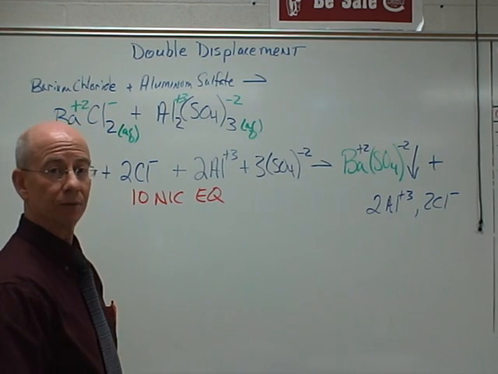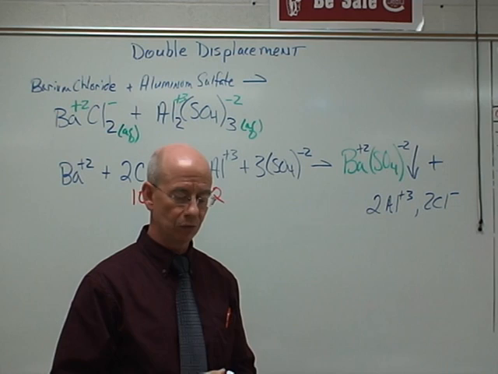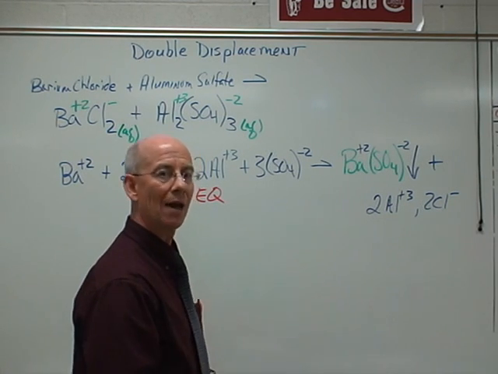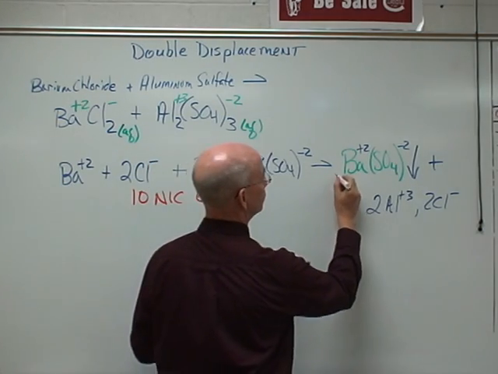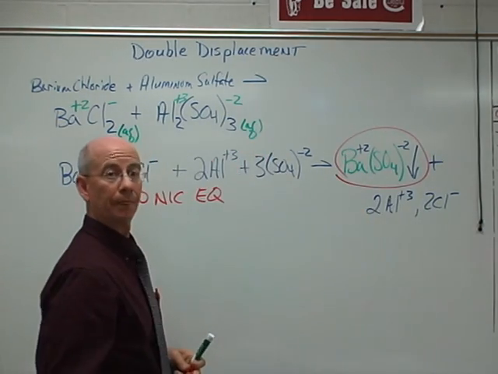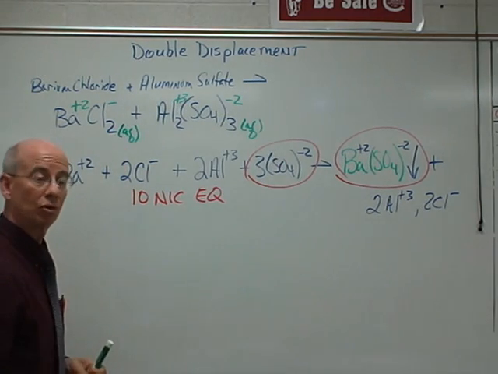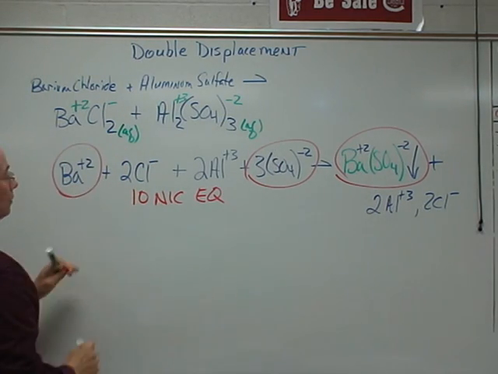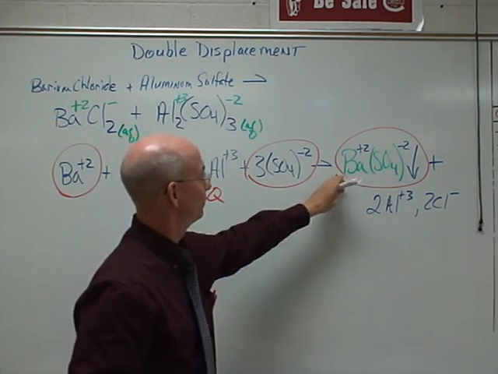That's an ionic equation. But what we really want to know, like in chemistry, is what was the real reaction? What really happened here? So if you look at it, we produced barium sulfate. What produced it? Well, we know sulfate did. We also know barium did. So these two ions here were not part of the reaction.